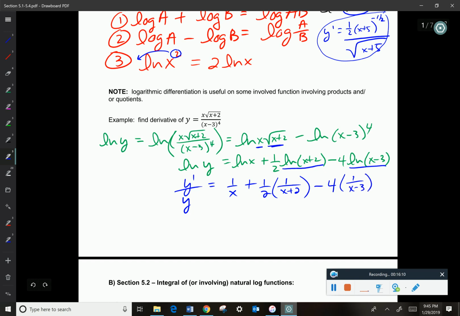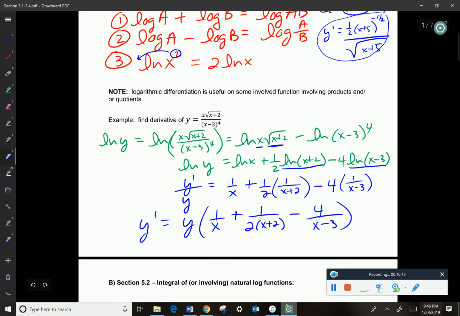So that was a much easier derivative with all those logs than if I had to do that big old quotient rule and product rule and chain rule business. So, have I found the derivative? Well, if I want to solve for y prime, how do I get rid of that y? Wouldn't I just multiply? So y prime equals y times 1 over x plus 1 over 2 times x plus 2 minus 4 over x minus 3.